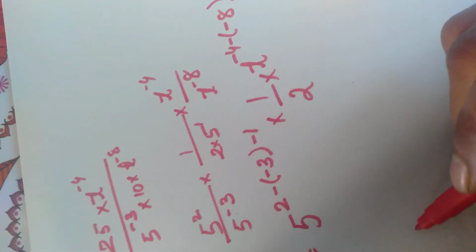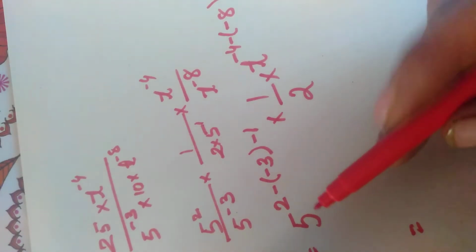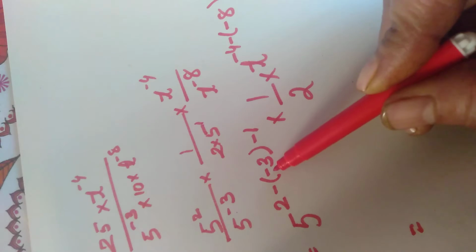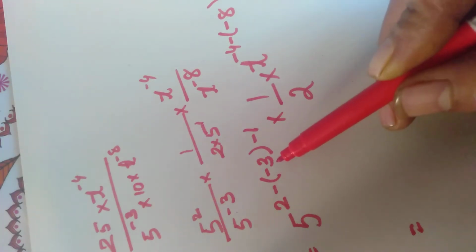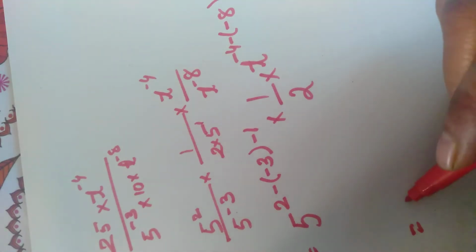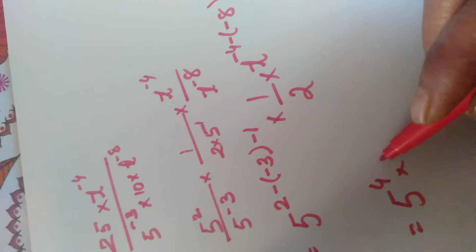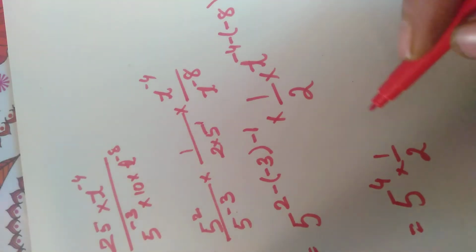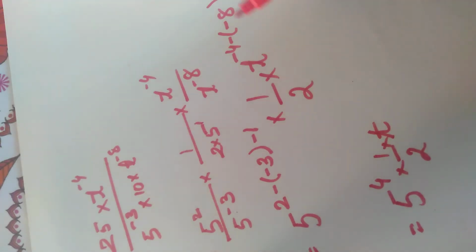Now again solving this, what you are getting is 2, this minus and this minus becomes plus, so 2 plus 3 is 5, and 5 minus 1 is 4, so that 5 to the power 4 into 1 upon 2 into t. Now t is having minus 4 and this minus becomes plus.